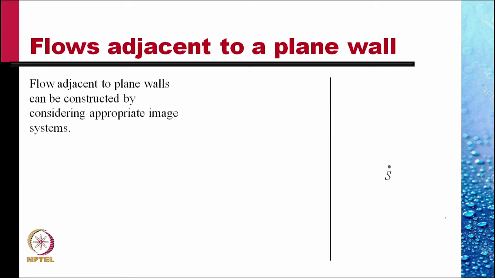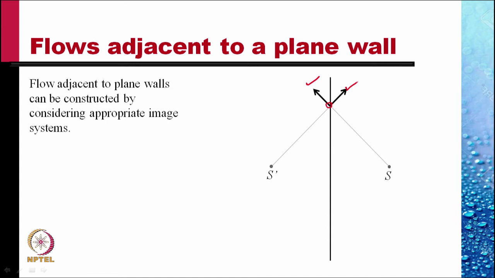Thus, if we have a source close to a wall, then we can consider an image source as prime. The original source would induce a velocity like this at this point, while the image source would induce a velocity like this.